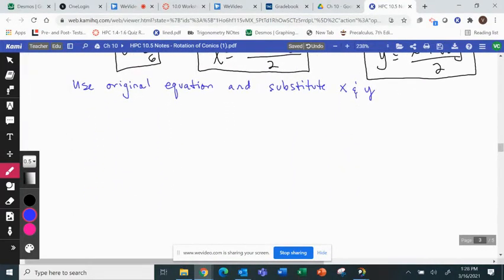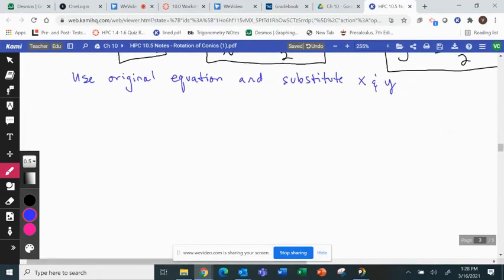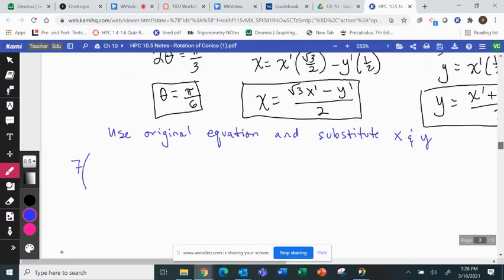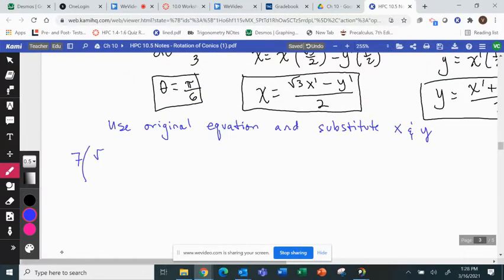So the first thing I have is 7x squared. So I'll have 7 times, that's my x, square root 3 x prime minus y prime over 2, squared. Minus 6 square root 3, and then that's times xy.